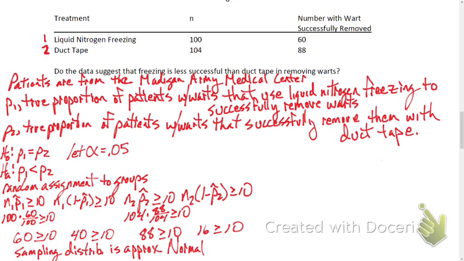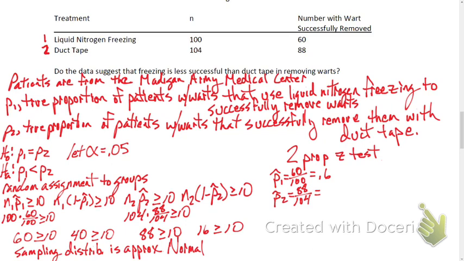All right, we move forward to the 2-PropZTest. I already wrote down the sample sizes. I'm going to clearly note what P1 is. And what P2 is. And the calculator will tell me the decimal form of that.